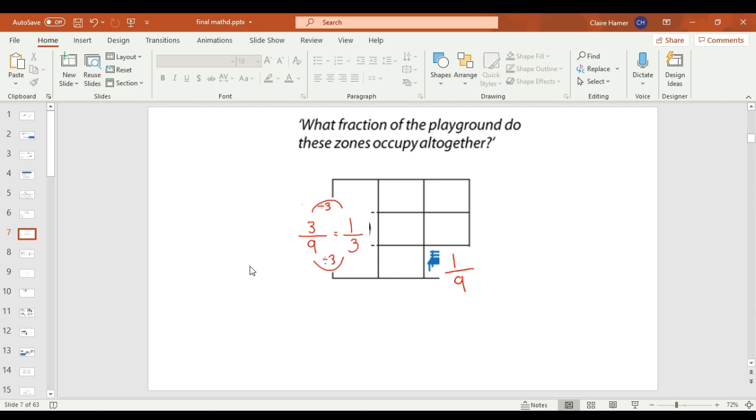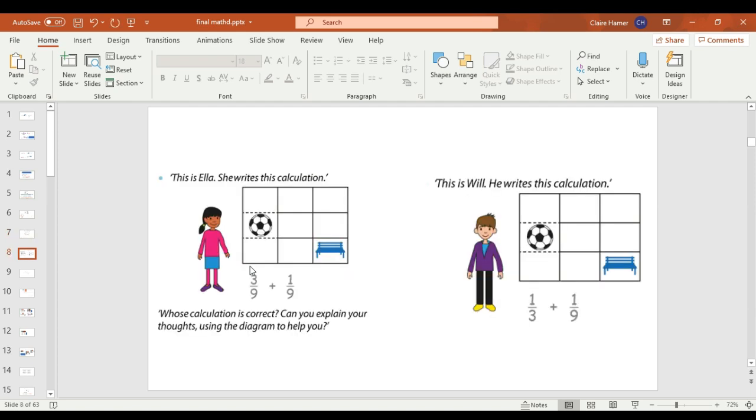Right, let's move on. So Ella's written down her calculation. So she said that she's going to do 3/9 add 1/9. And Will's written down he's going to do 1/3 add 1/9. Who do you think's correct and why?